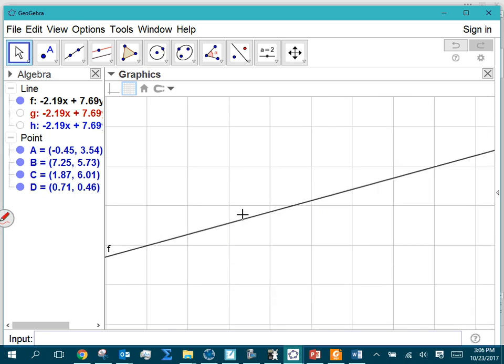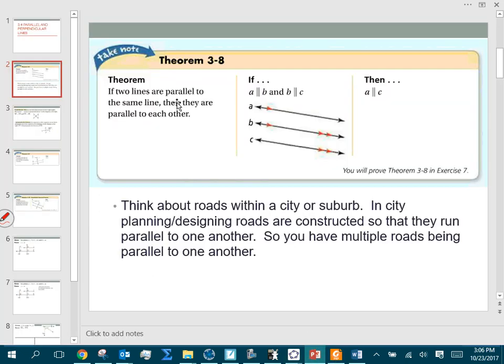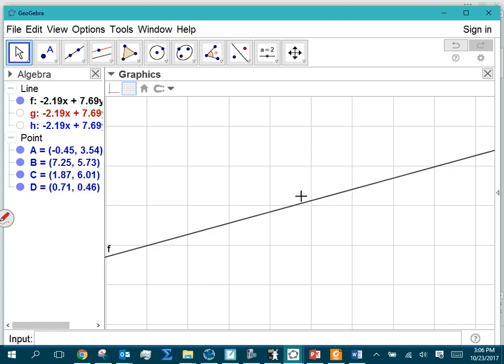If we go back to the theorem, it's the same line phrase that they're using. So the black line is the same line that they're talking about in the theorem. So we're saying if two lines are parallel to that one, I'm going to first give you that line. Agree that that's parallel?